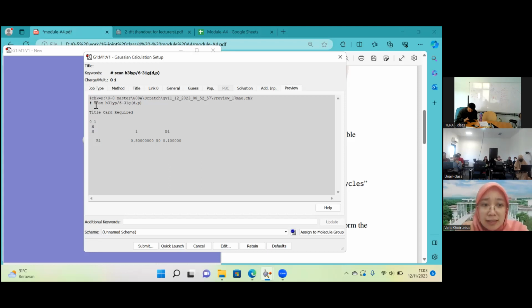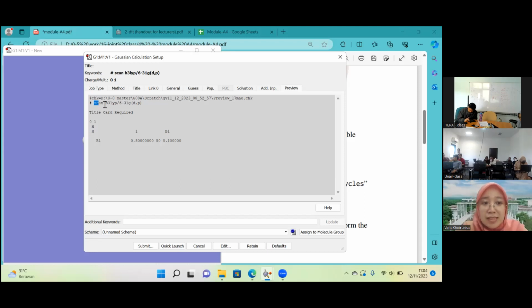And here there is a keyword scan. So what is the meaning of these two numbers? So this is the initial distance, and this is the number of steps, and this is the step size.